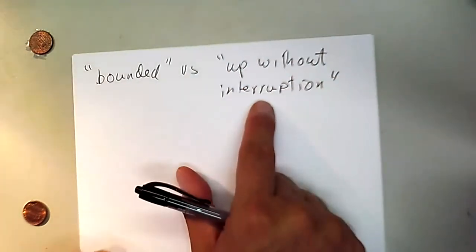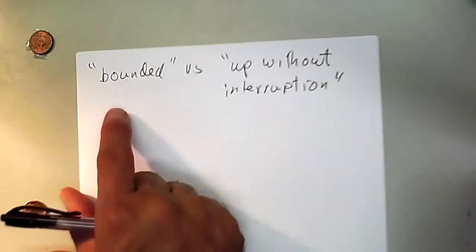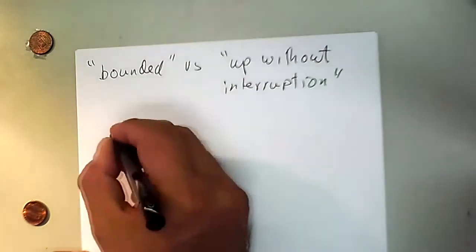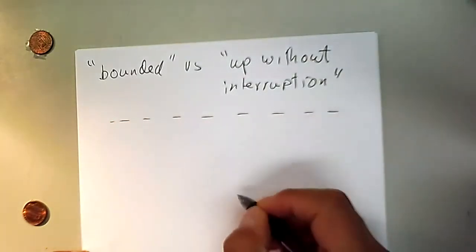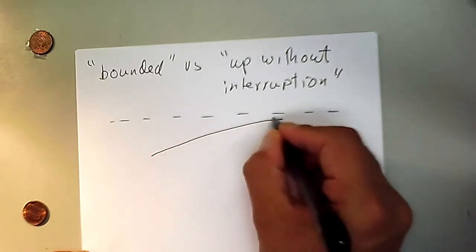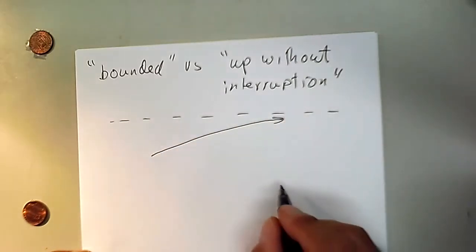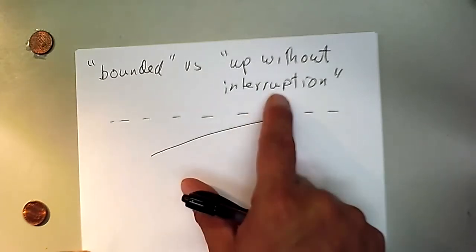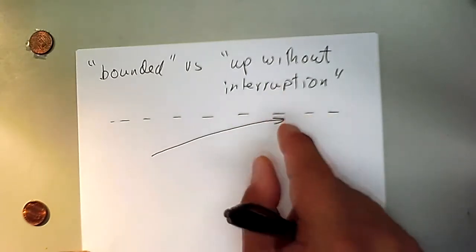That's what I mean by without interruption. Bounded versus up without interruption. So pretend you have an asymptote and pretend a function does this. And it gets closer and closer to the asymptote, to the horizontal asymptote. This is going up without interruption. That's what we mean by this.